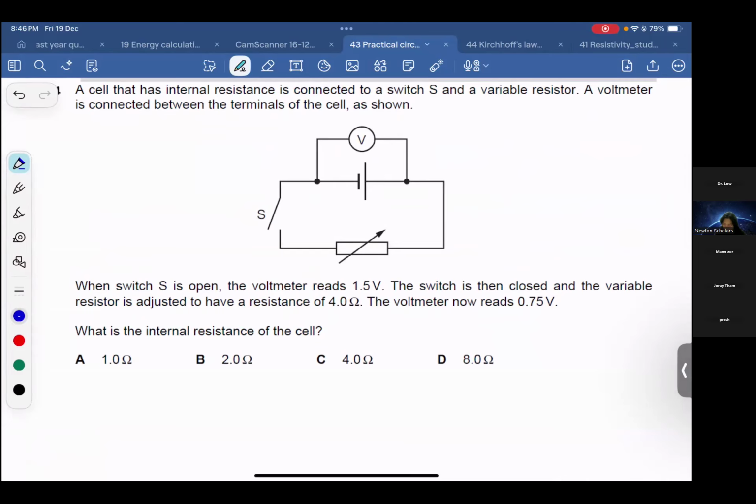Internal resistor connected to the switch, variable resistor, voltmeter is connected. When the switch is open, keyword, switch is open, the voltmeter reading showing EMF.